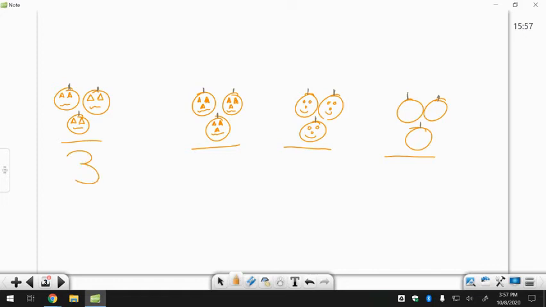We've got 3 pumpkins here, 3 pumpkins here, 3 pumpkins here, and 3 pumpkins here. So I'm going to figure out how many I have in all. I'm going to give you a second to see if you can figure that out.